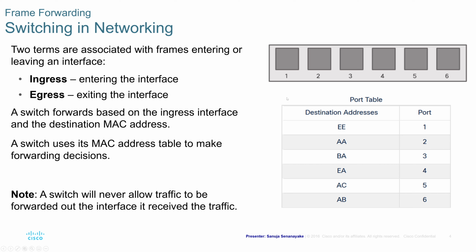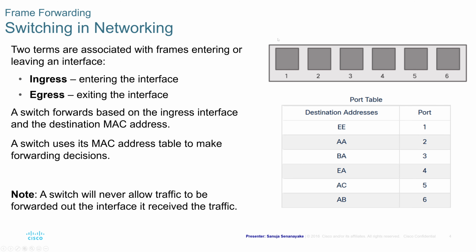So for example, if the ingress interface is interface number 2, when that data gets forwarded, it will never be forwarded out of port number 2. It will be forwarded out on one of ports 1, 3, 4, 5 or 6.